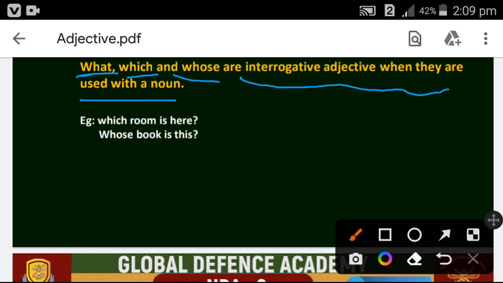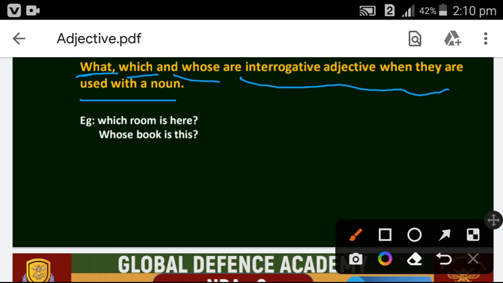Then, as I discussed at the start of the video, an adjective is a word that qualifies a noun or noun equivalent. So when we talk about adjectives, they are also followed by a noun or noun equivalent. So I am using noun repeatedly.